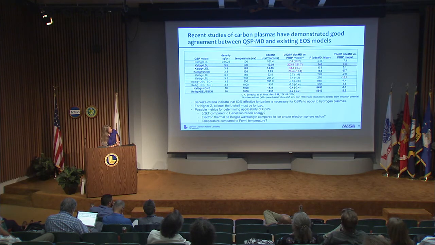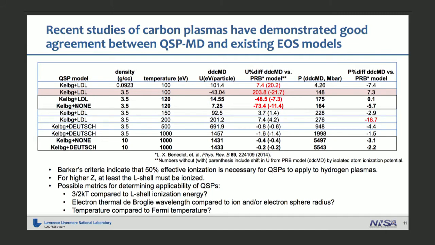It's hard to compare the internal energies because this model incorporates a shift based on solid state internal energy, and I wasn't sure how to incorporate that shift. So rather than focusing on that, I'd rather focus on the pressure comparisons.